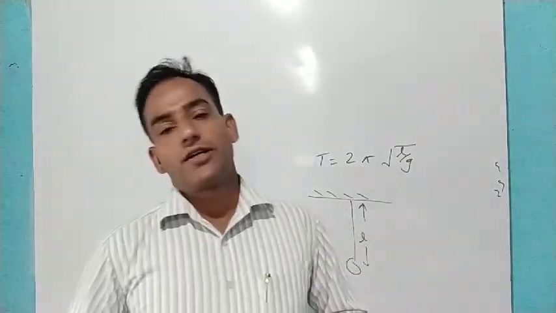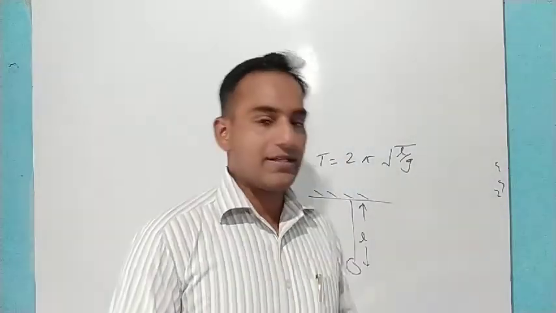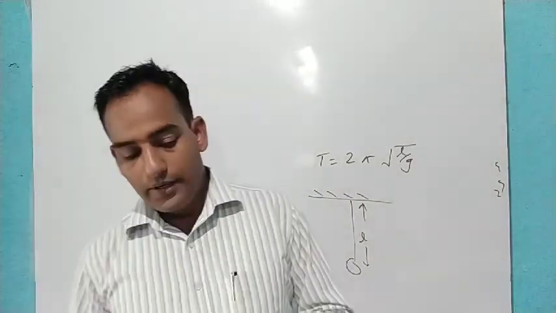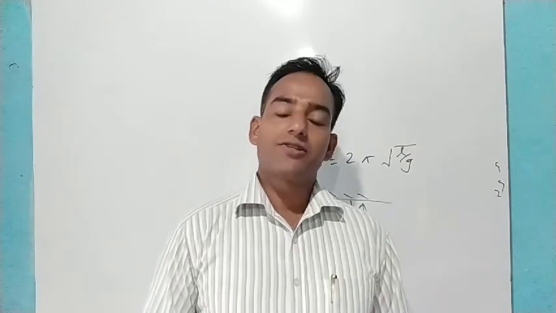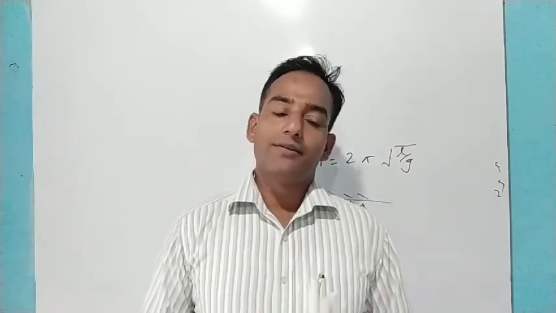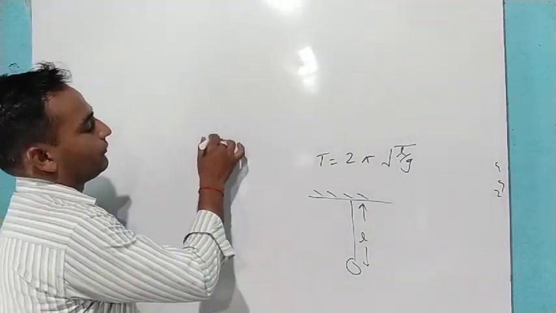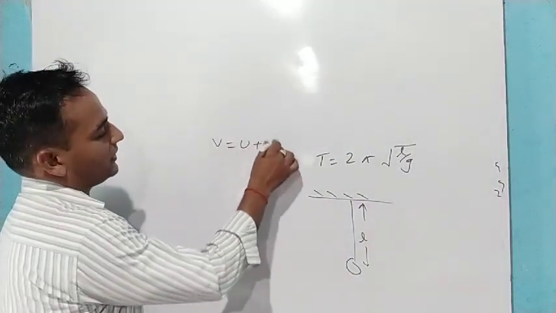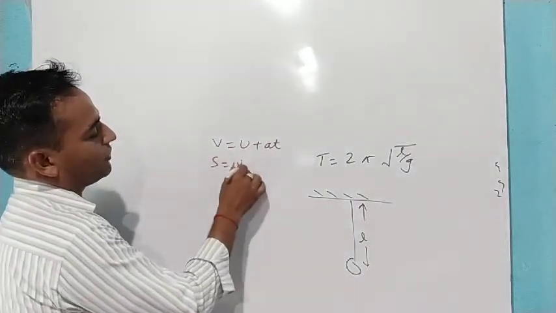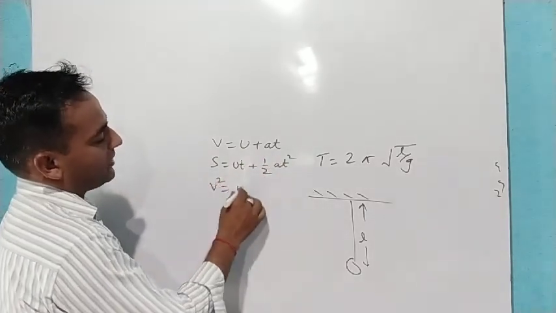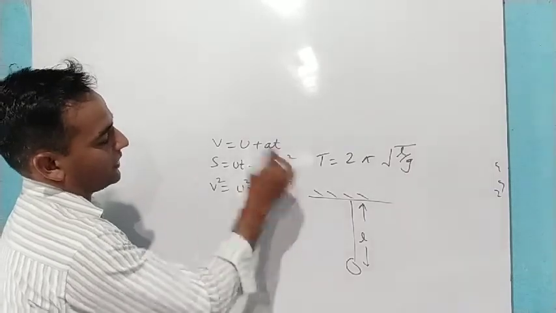So these things we have studied, and except this we have studied the chapter on motion. In that chapter we studied the three equations of motion: V is equal to U plus AT, S is equal to UT plus half AT square, and V square is equal to U square plus 2AS.